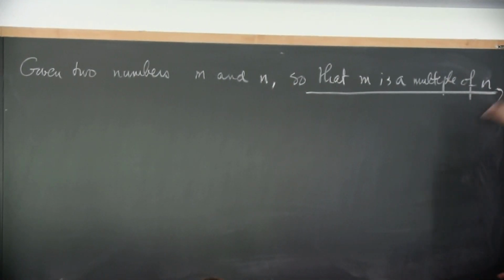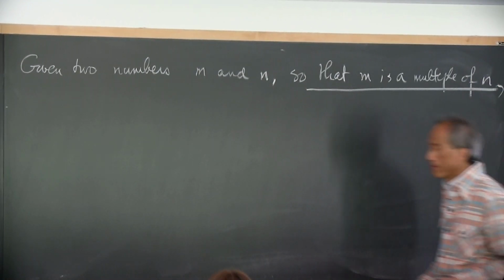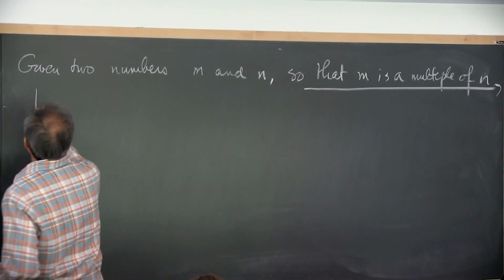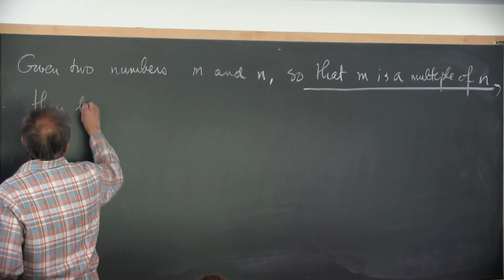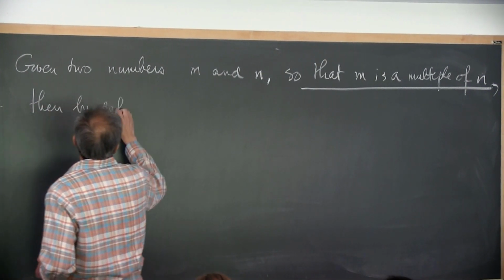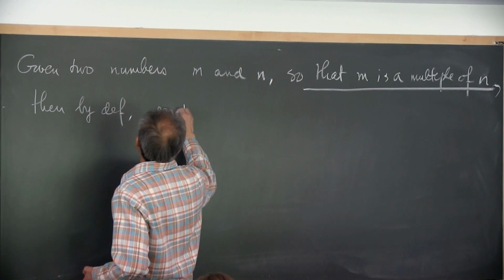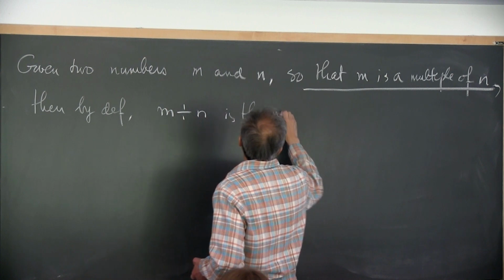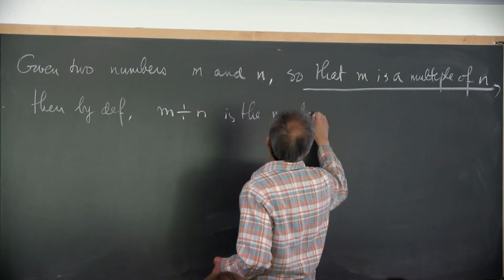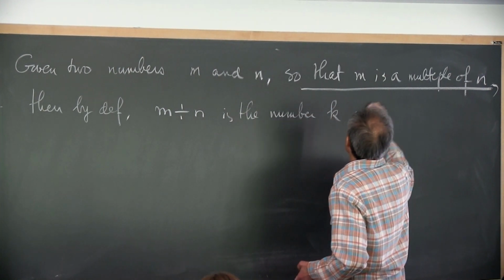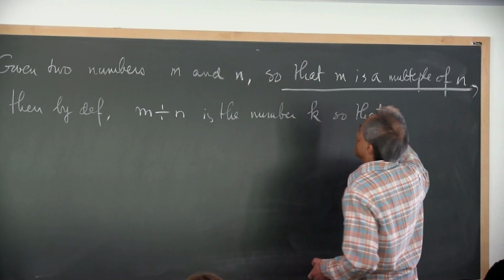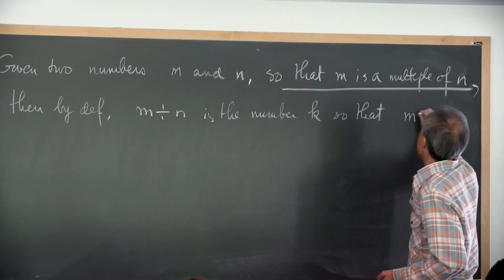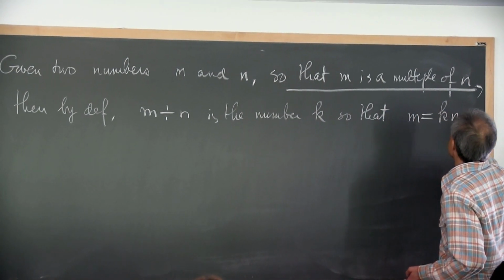That is the precondition for division. Then, by definition, m divided by n is the number k, so that m is equal to kn.